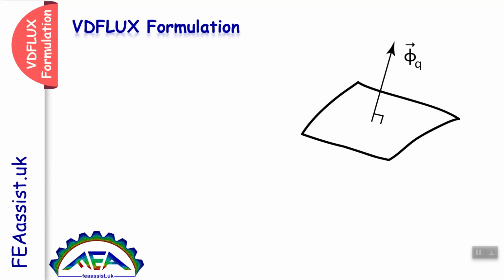So this is the definition of heat flux. We define flux in heat transfer problems as q equals minus k dT/dx, and for mass diffusion it is minus D dc/dx, where c is the concentration and D is the diffusion coefficient.